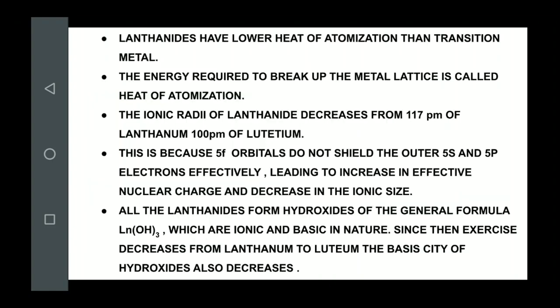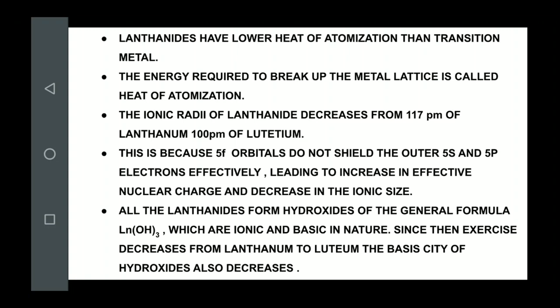Now, there are some important properties mentioned in the text. Lanthanides have lower heat of atomization than transition metals. Now we are comparing the inner transition metals with transition metals. We found that lanthanoids have lower heat of atomization, which means they are easier to break compared to the d block elements.